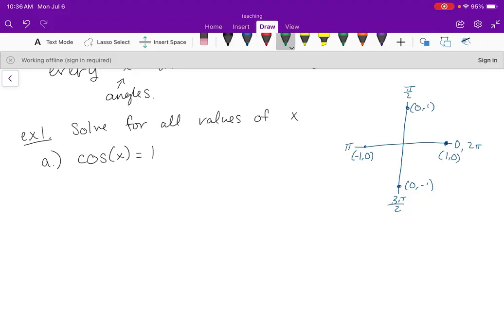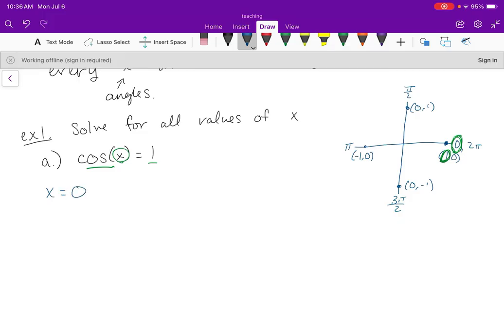What I'm looking for is what angle does cosine equal 1? Remember, on the unit circle, cosine is the x value. So that's happening right here, where cosine equals 1. That's happening at 0 radians. So I would say x equals 0.